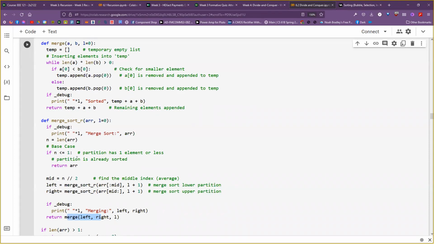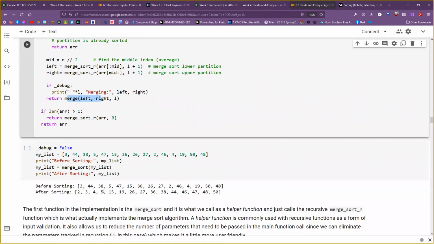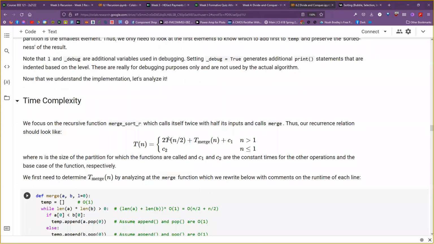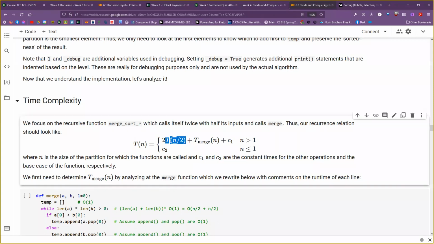So ayun, ang merge sort is calls to other copies of itself. So yung ating recurrence relation is 2 times T of n over 2. So yung merge sort ng n elements is dalawang merge sort ng n over 2 elements plus yung running time ng pag-merge.